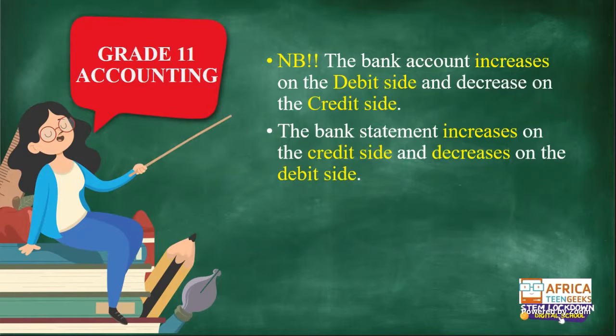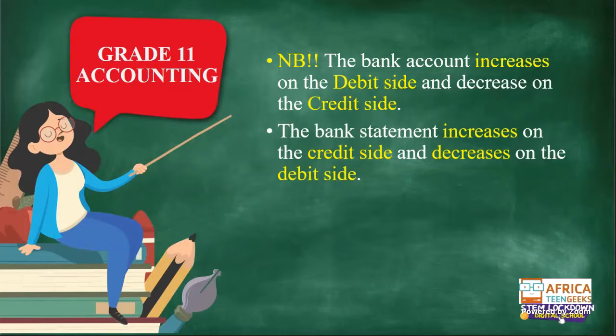It is because the bank is owing the business, since the business deposited their monies in the bank. Therefore, the bank statement is a liability, right? It is a liability. So the bank would regard the business as what? As a creditor.